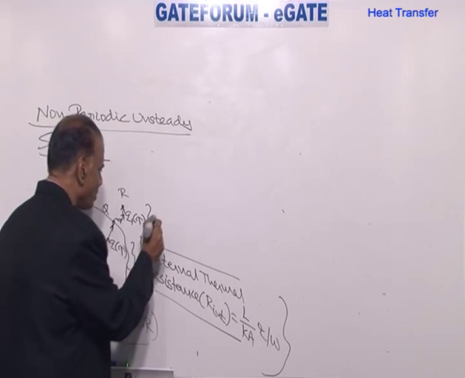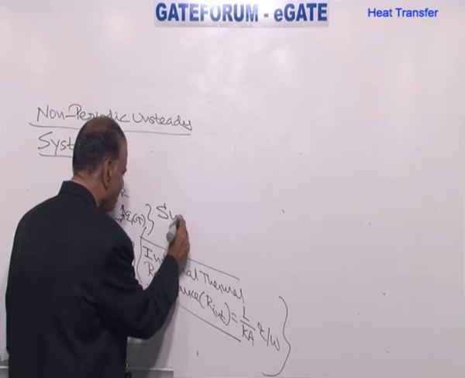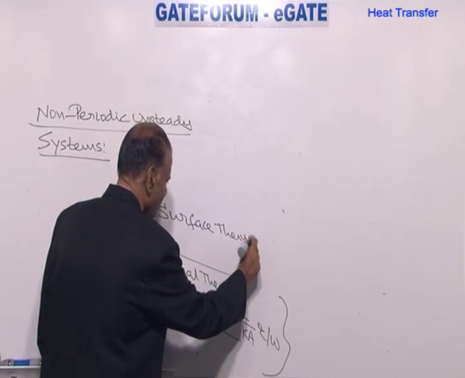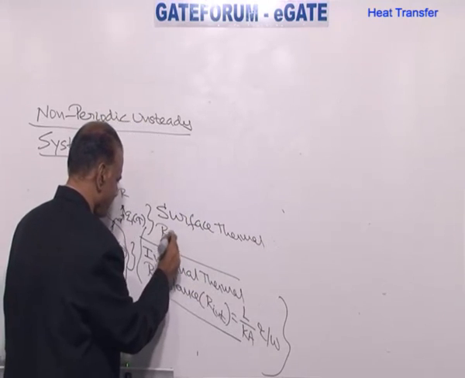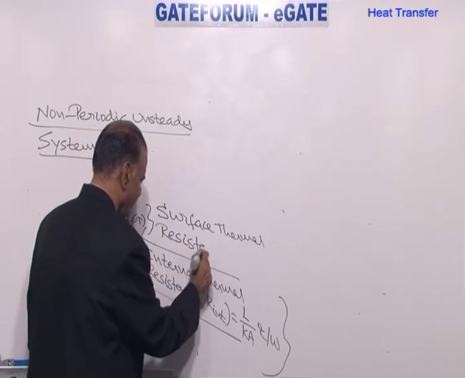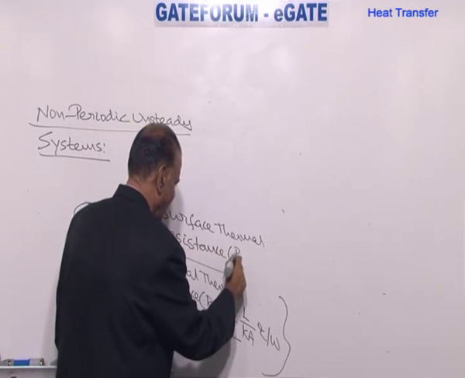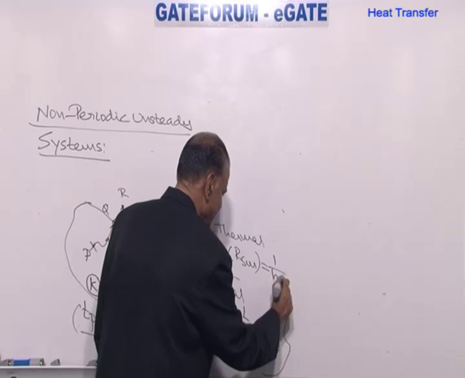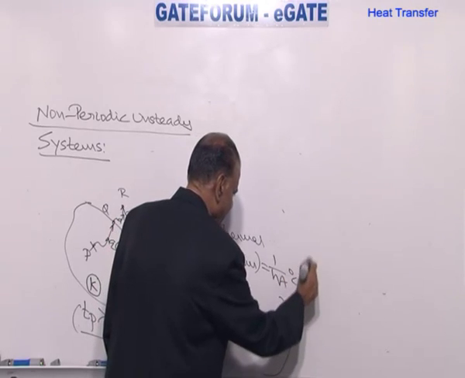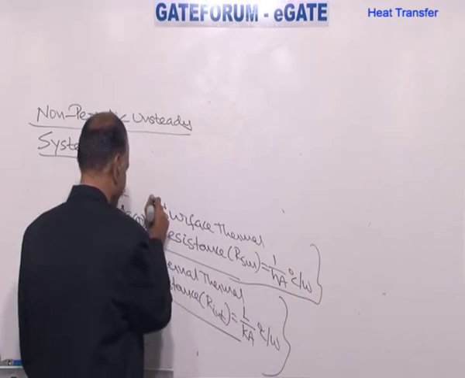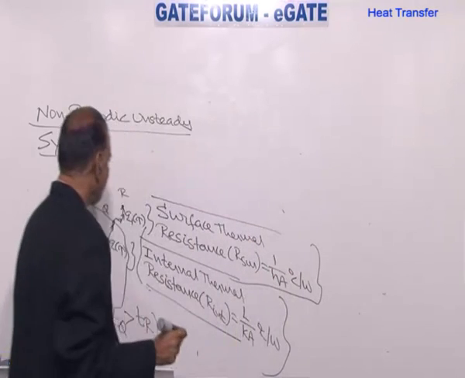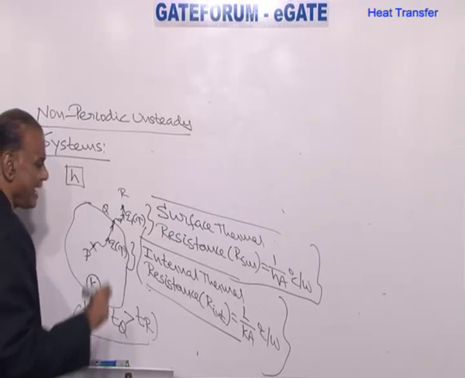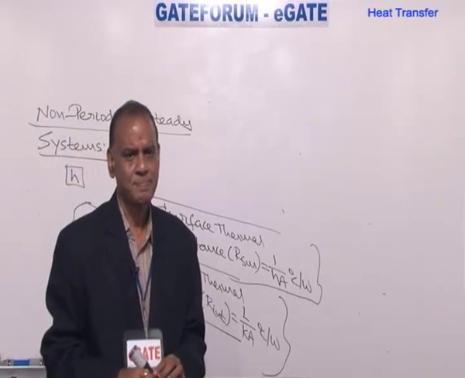And the magnitude of this Q1 tau depends upon a parameter known as surface thermal resistance, or SUR, which is given by 1 by HA, degree centigrade per watt, where H is the convective heat transfer coefficient of the medium, A is the surface area available.